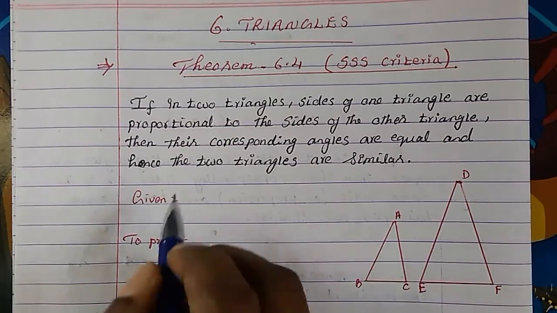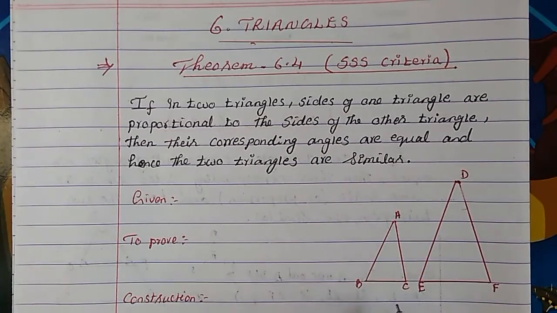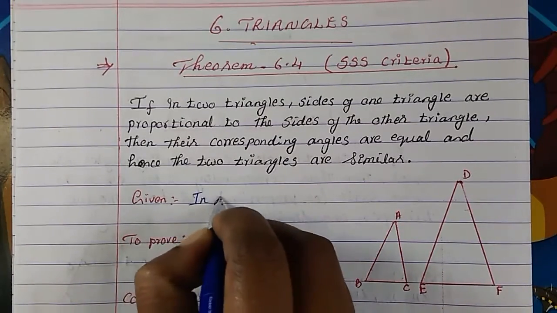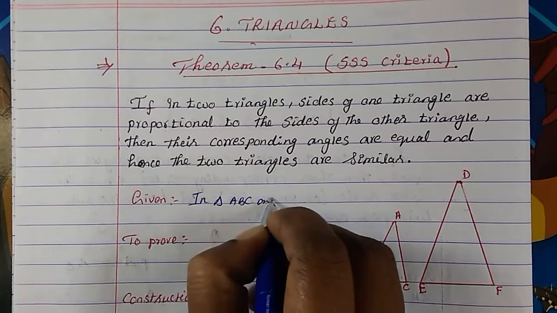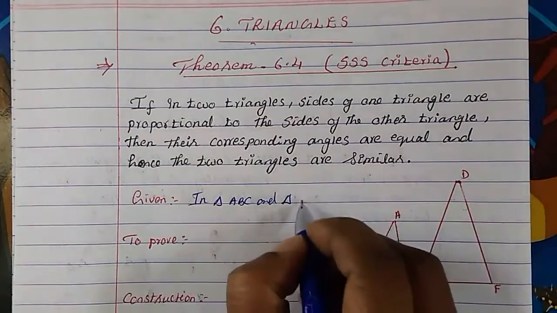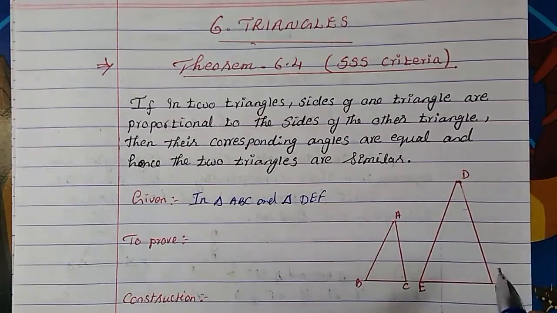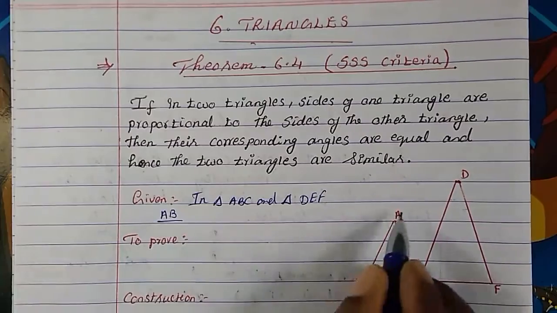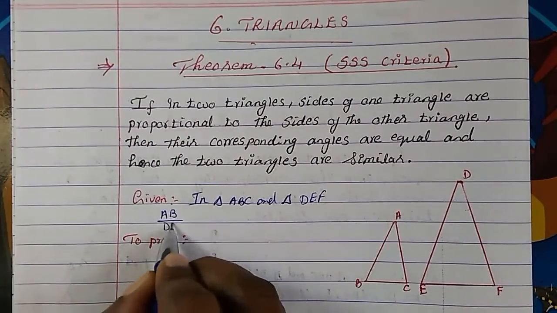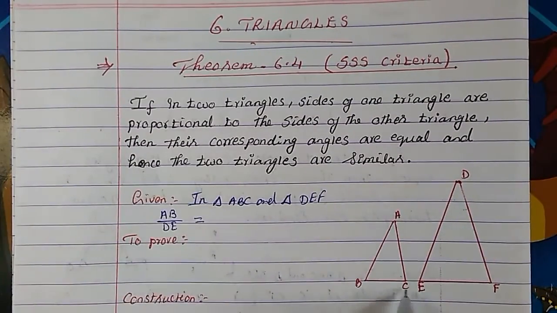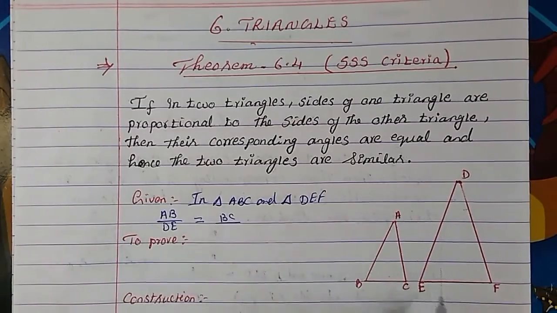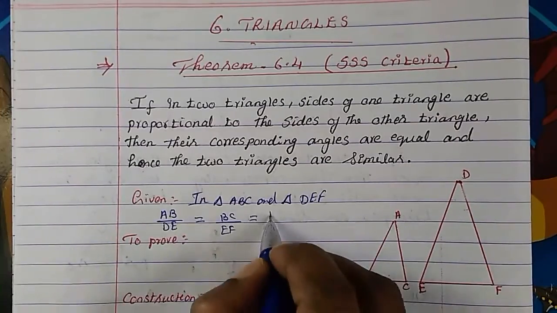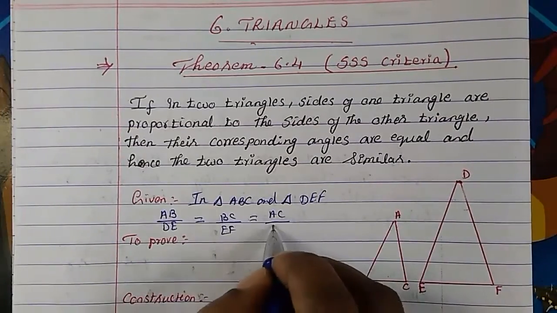What is given to us is in two triangles, triangle ABC and triangle DEF, AB upon DE, corresponding side, is equal to BC upon EF, which is equal to AC upon DF.